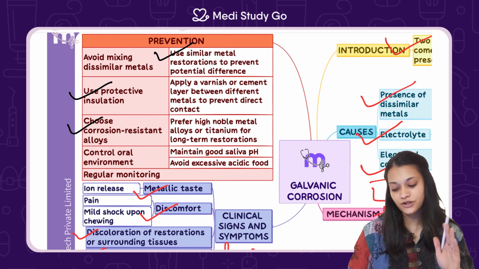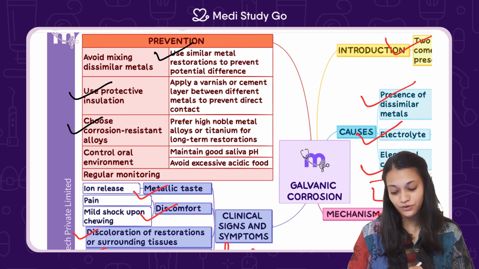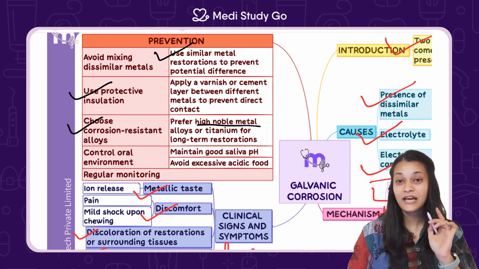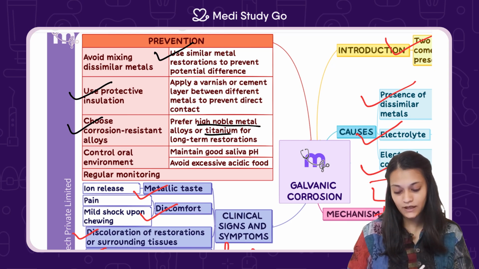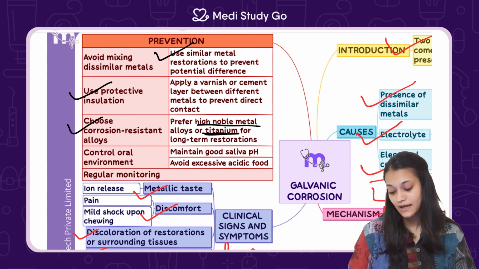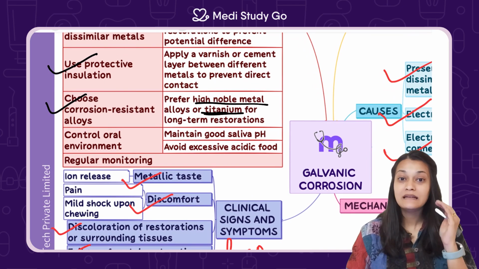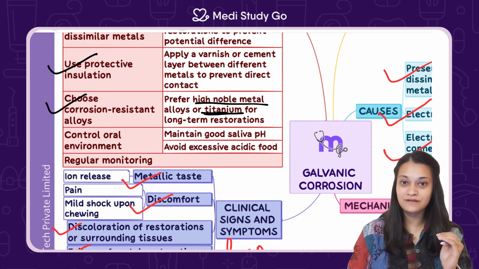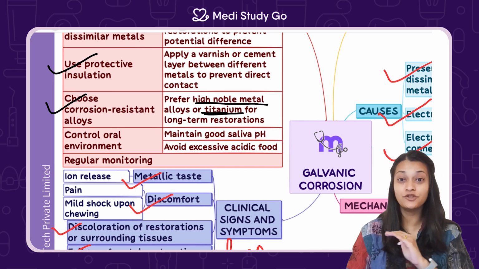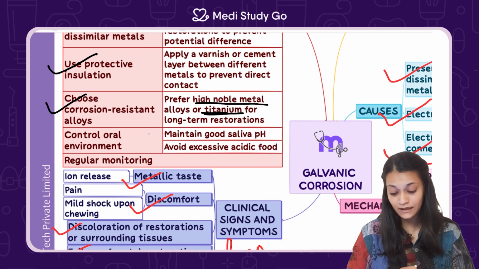Also use corrosion resistant alloys. So what you can use is high noble metal. If cost is a problem, you can use titanium as well. Control oral environment. So there needs to be less acidic solutions or pH that is present. You maintain almost neutral.